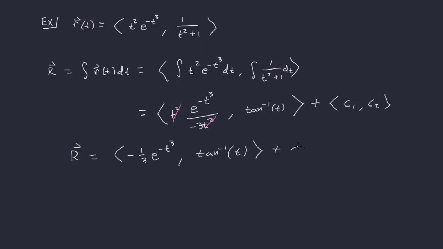And we can actually call this vector just the vector c. Okay, so this is something I see a lot of students mess up in this particular section, is forgetting to put that plus c. All right, don't forget about it, because there are quite a few examples out there where it's going to make a big difference that there's that arbitrary constant there every time you integrate.